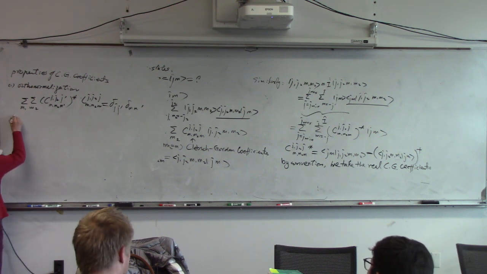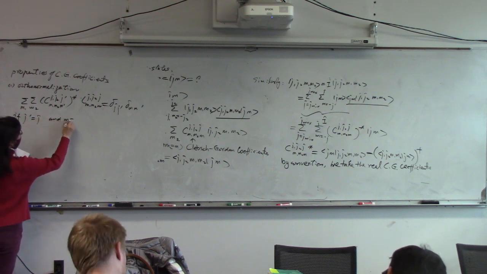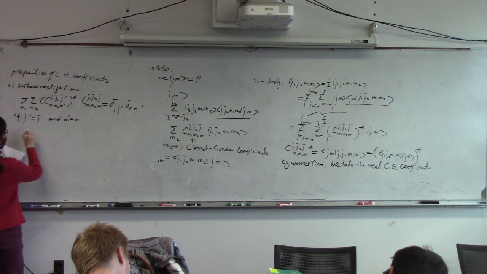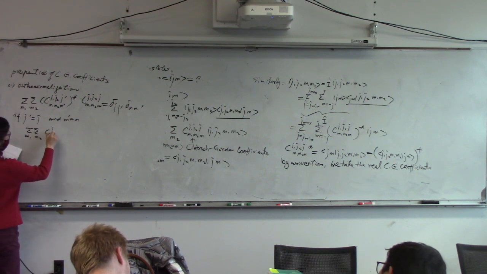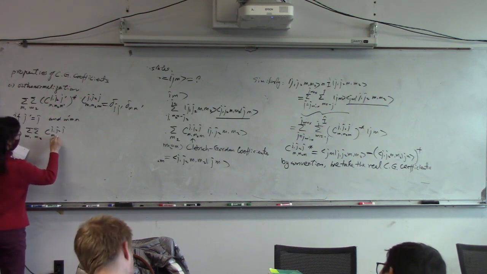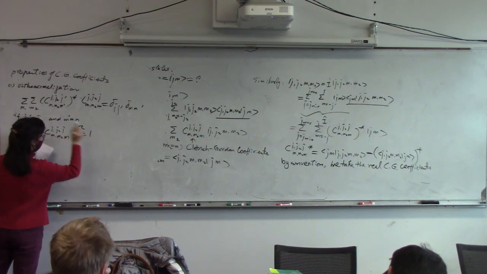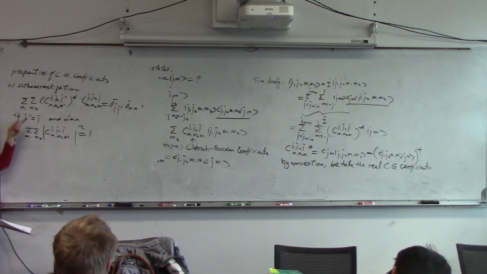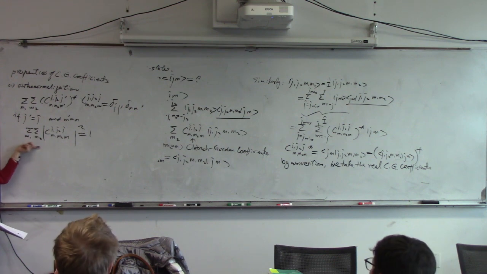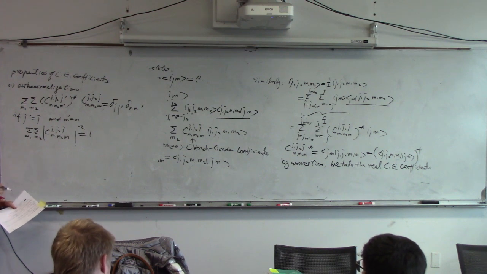And if G prime equals G and M equals M prime, then this summation is the sum of the squares of the Clebsch-Gordan coefficients, G1, G2, G, M1, M2, and equals 1. So that is normalization. That is orthogonality and normalization. If they are the same, then the sum is 1. These are properties we are going to use later.